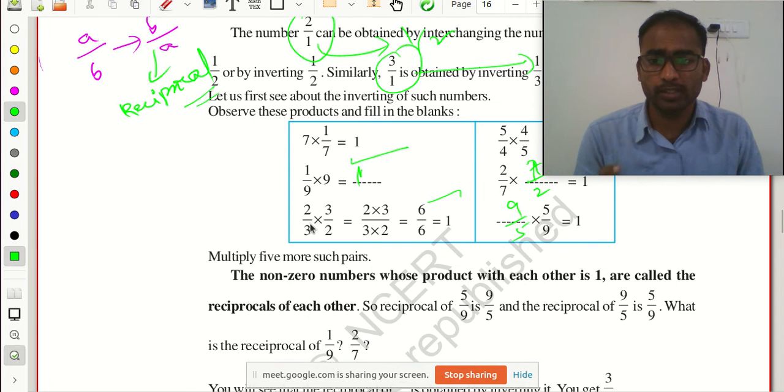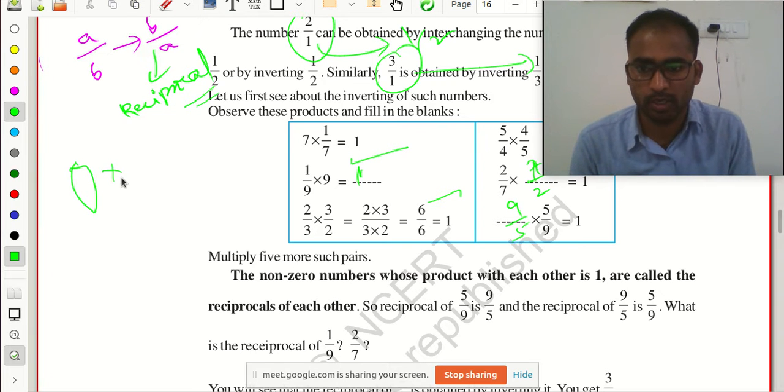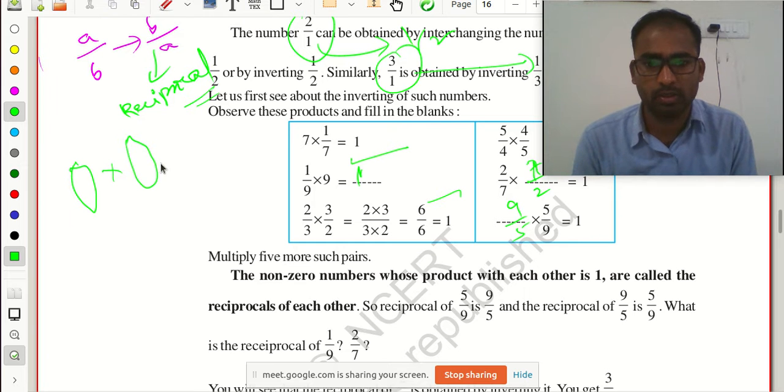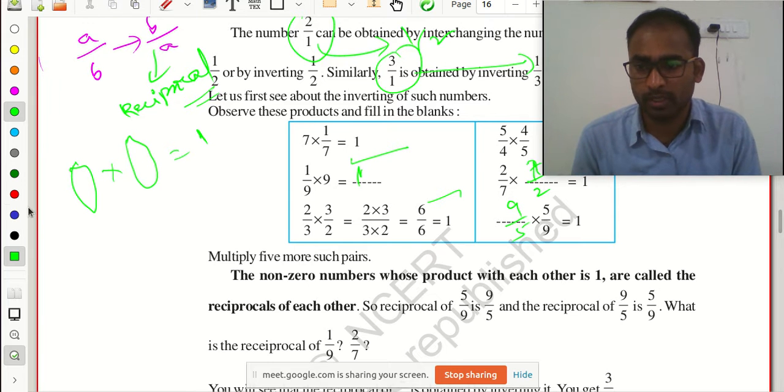Here, two non-zero numbers whose product with each other is 1. We have one non-zero number and another non-zero number. Their product has to be equal to 1. Then we can say these two numbers are called reciprocals of each other. Suppose I have 2 multiplied by something, and its product is 1.